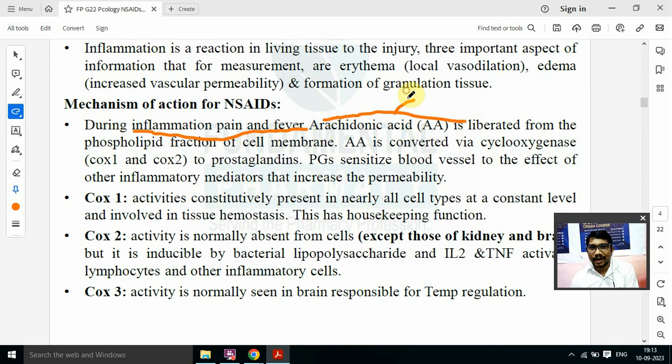Tell me, what is arachidonic acid from the following? Option A, essential fatty acid. Option B, non-essential fatty acid. Option C, semi-essential fatty acid.